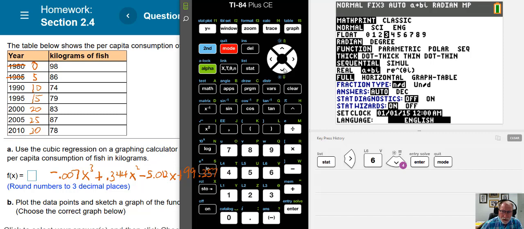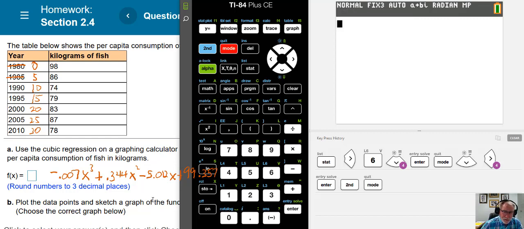You can go down to the line that starts with the word Float, go over to the number 3, and press Enter. That means all the numbers will be rounded to 3 decimals. So that's the answer to the A part. Now I'm going to take my time to type that in, and then we'll come back and work some more problems.